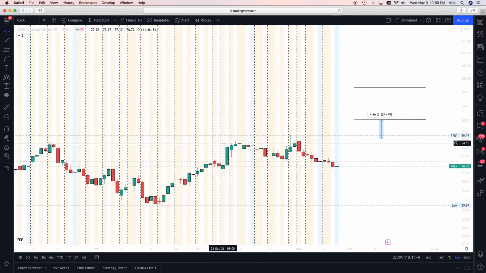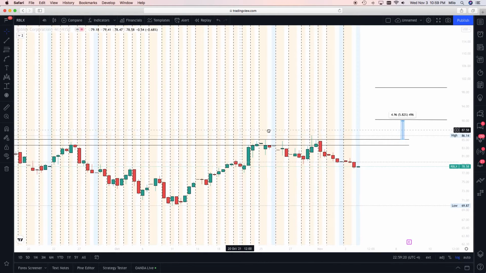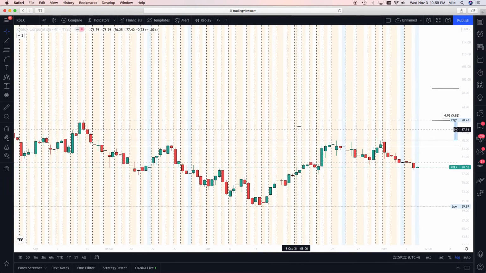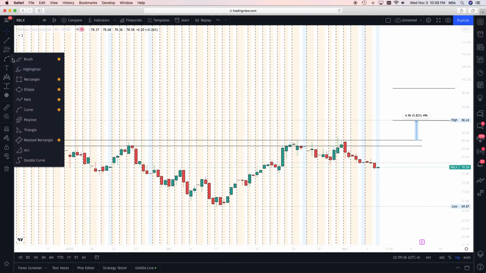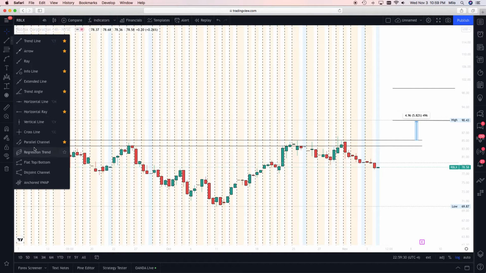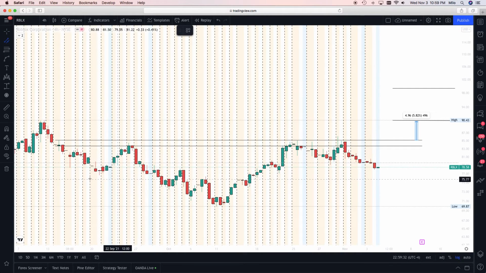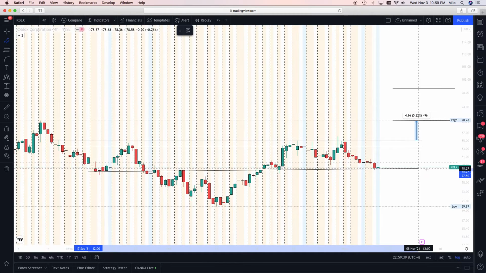If I was looking at this chart without those two reversal patterns, I would just look at it from a support and resistance, and we've got some support here and it became resistance somewhere along the line there.